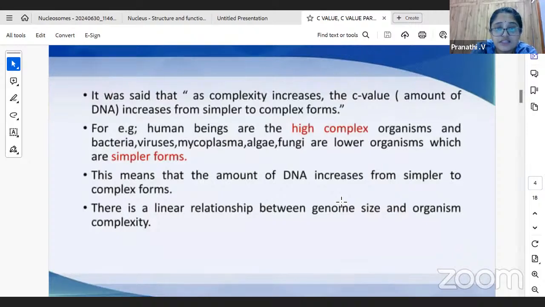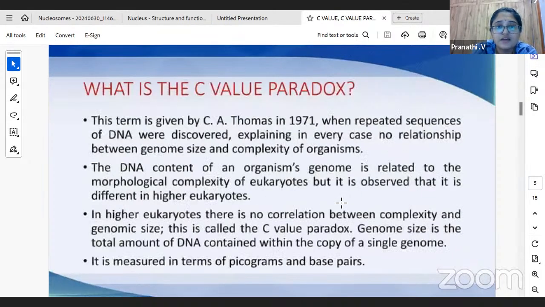So we will come to that. This term C value paradox was given by a scientist, C.A. Thomas, and especially this was seen when the DNA sequences were discovered. At that particular point of time, genome size and complexity of the organisms were not exactly known.